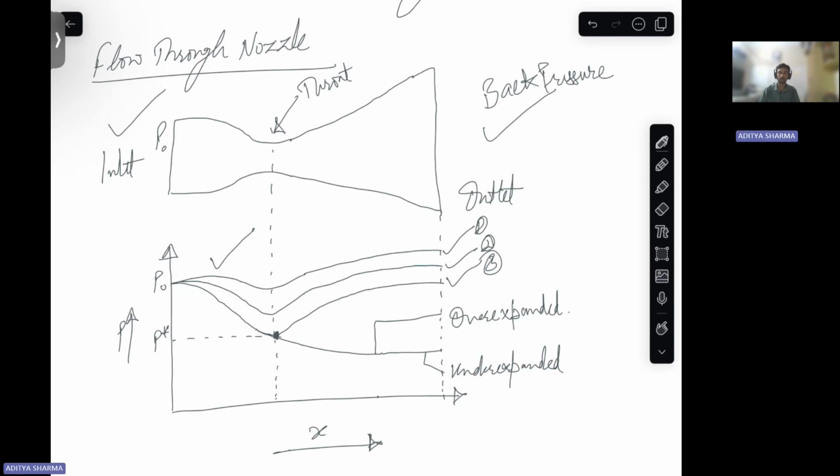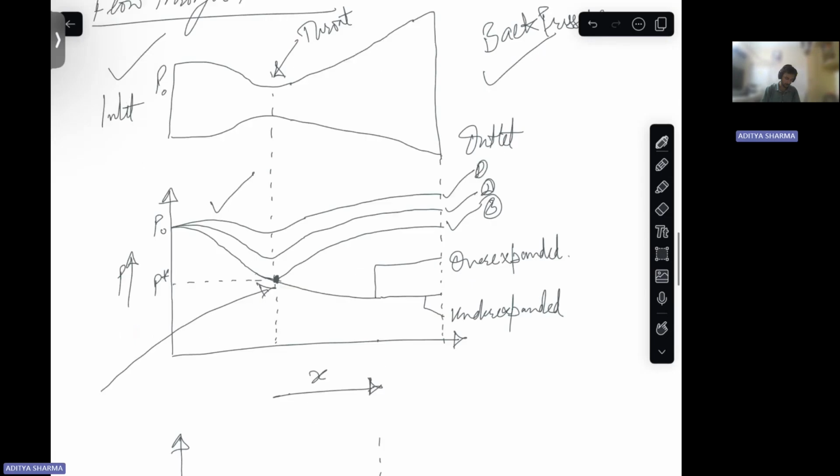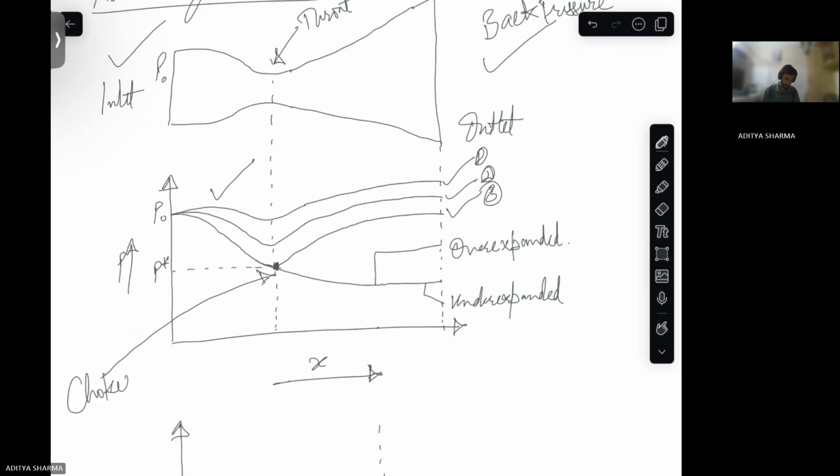So this basically is the idea. And this condition is your choked condition. Because once your nozzle is choked, that will define the maximum mass flow rate that can pass through a nozzle. Okay.